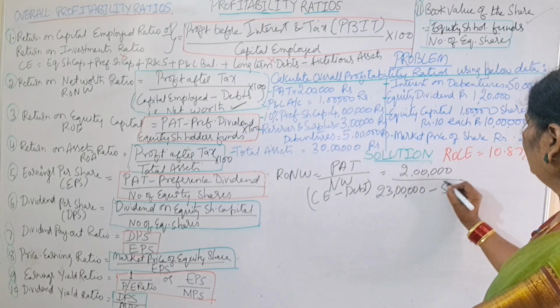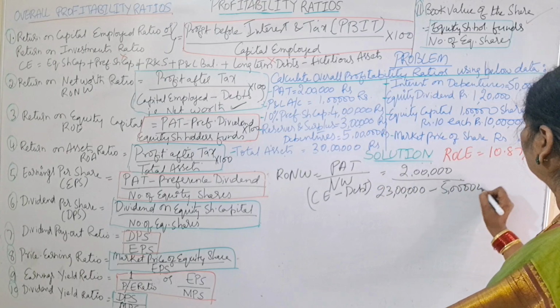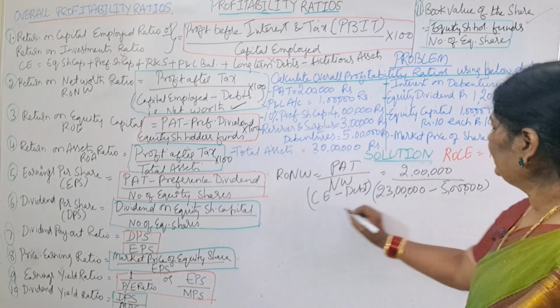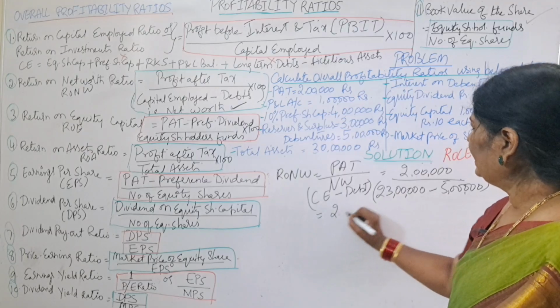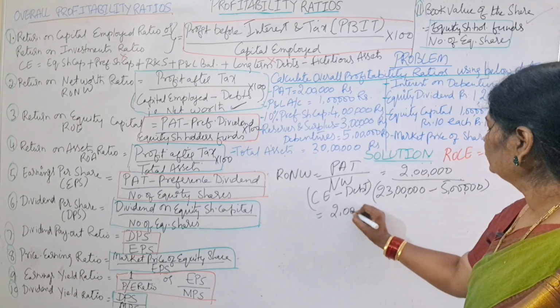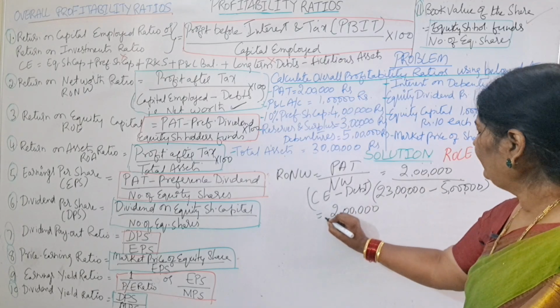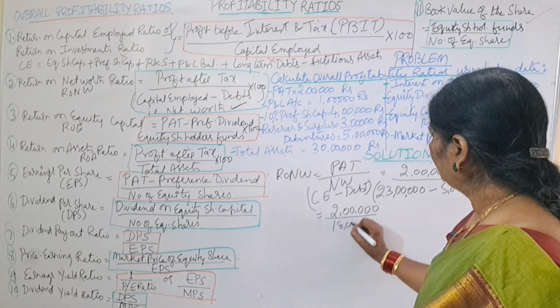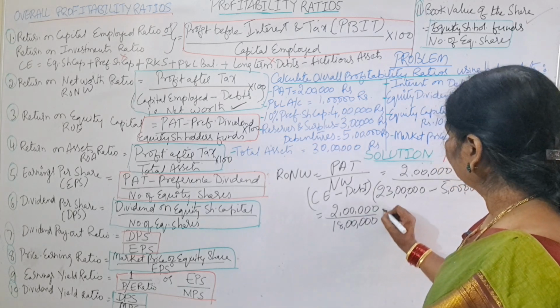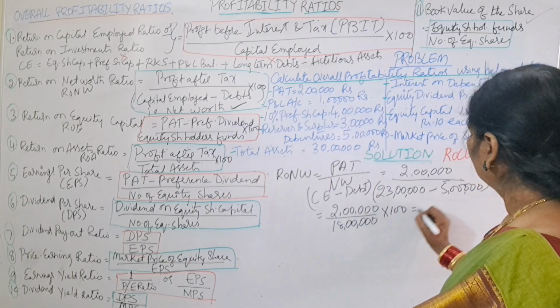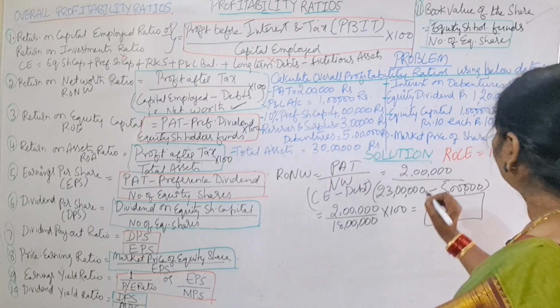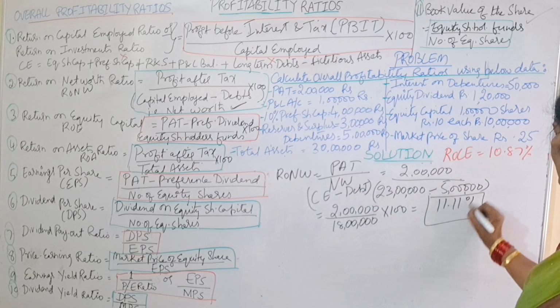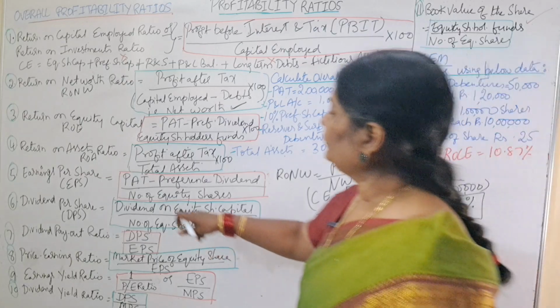We have to deduct that, no? So 5 lakhs. So how much will you get? 2 lakhs divided by 18 lakhs into 100. So how much will you get? 11.11 percentage.